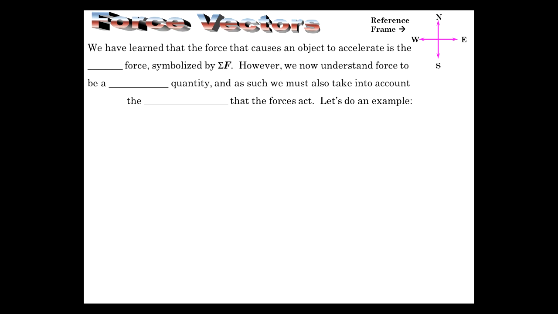In our development here of the idea of vectors, it's time to look at forces, because we've already analyzed forces, Newton's laws. And since force is a vector, let's see what the implications of considering its vector nature are. So the accelerating force is the net force, and it's a vector quantity.